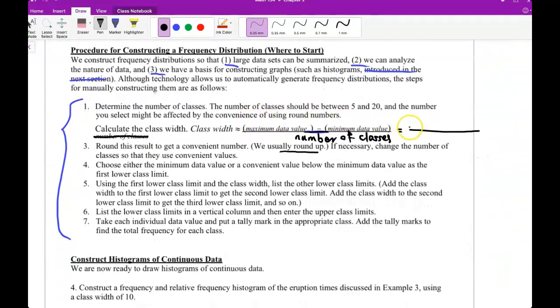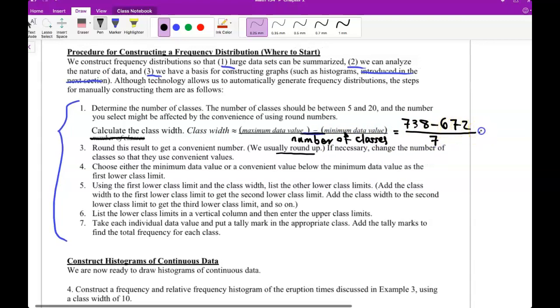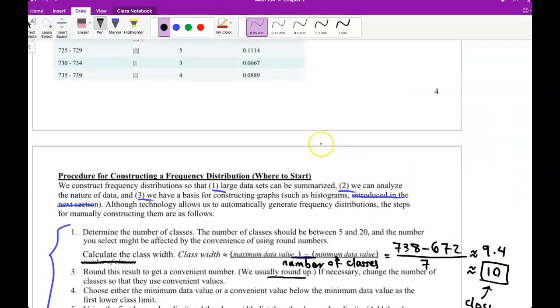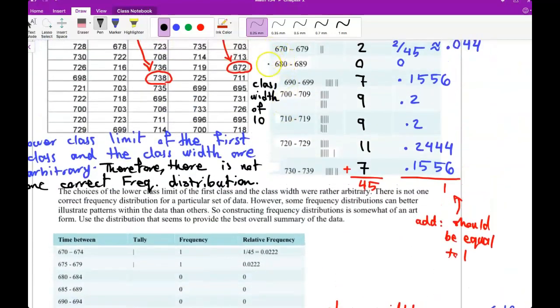So use those 2 numbers, minus 672, divided by number of classes, which is 7. So here is 9.4. I don't want to have this number, so round this up. It is 10. So this is our class width. Here we got exactly the same number that we had on the first part. Class width was 10.